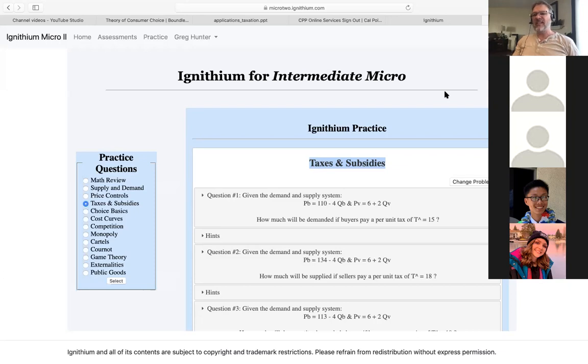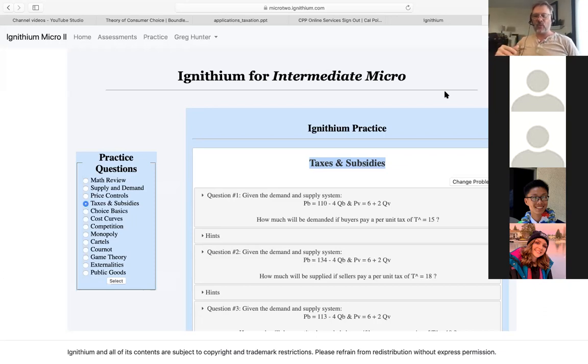one of the things that's an overarching theme in this class, and we spent a lot of time on, was the first fundamental welfare theorem. You won't see that explicitly in any of the problems in Ignithium, but if you forget the first fundamental welfare theorem, that's something that almost surely you'll be asked about on the final exam. It'll be like a separate question.